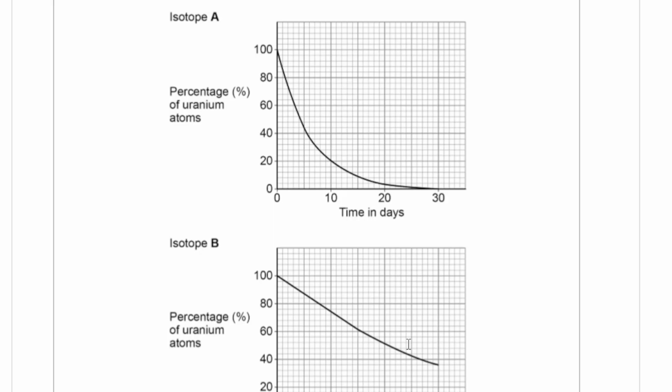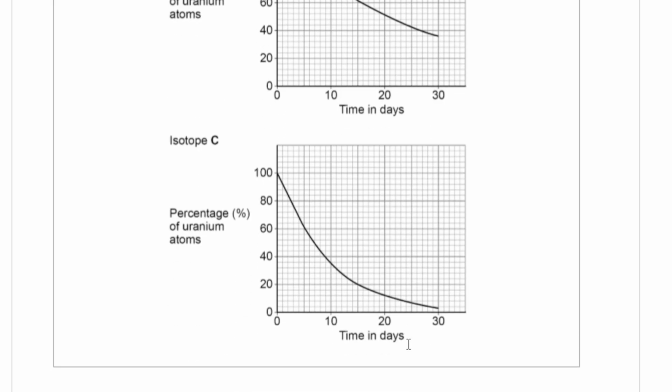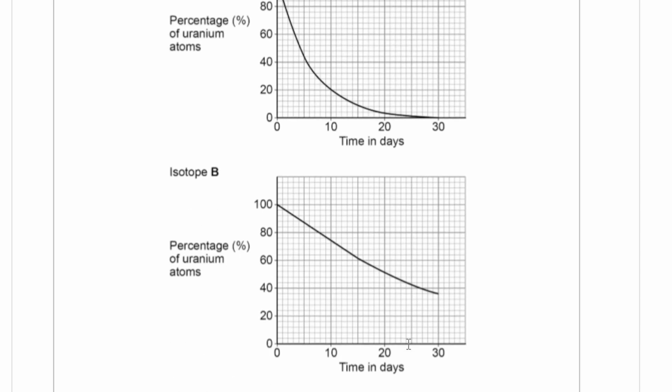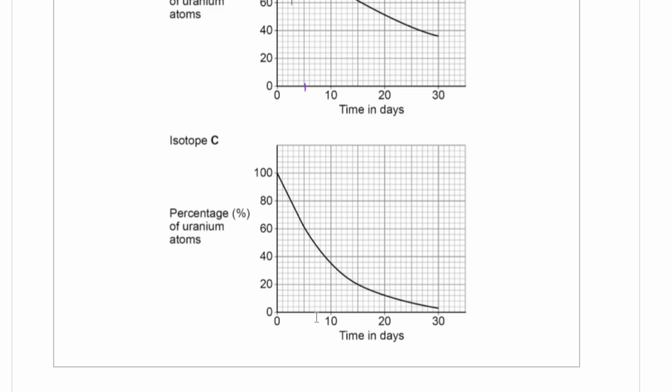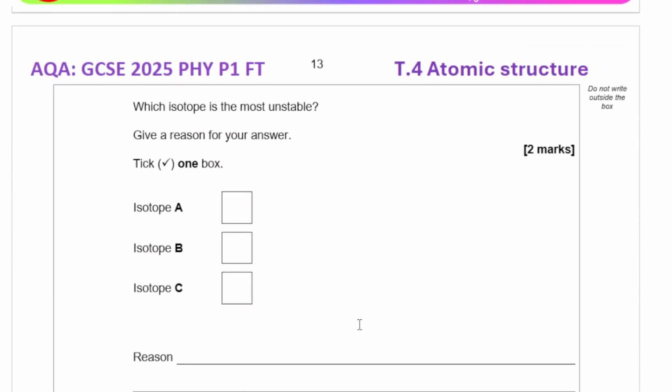Now, the most unstable is going to be dropping, the percentage will drop much faster. So let's say at 5 days, isotope B is at about 40. Isotope A is about 90 or 88, and isotope C is at 60. So that would be isotope A.